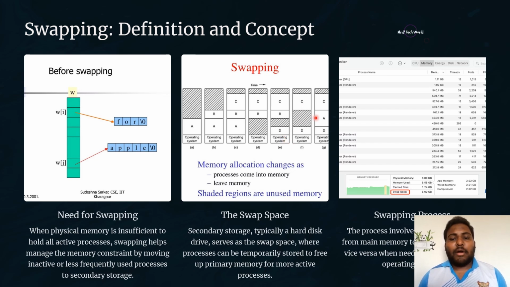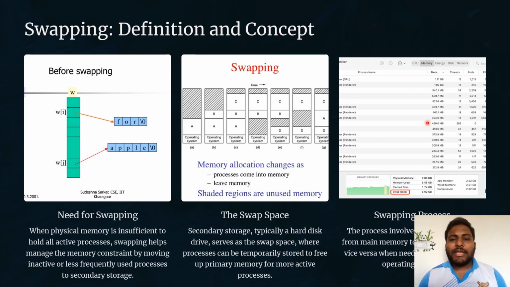Then if we want to use process A again, the unrequired process will be sent to the secondary storage and process A will be brought back. This is the inner part of swapping, which happens unknowingly for users in present-generation computers.